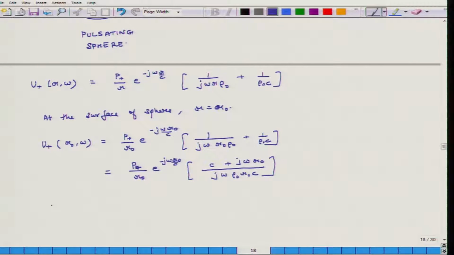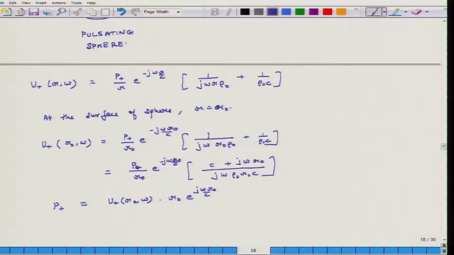From this I can express P plus by just cross multiplying. I will get u plus, which is the complex velocity amplitude, times r naught, e to the j omega r naught over c.